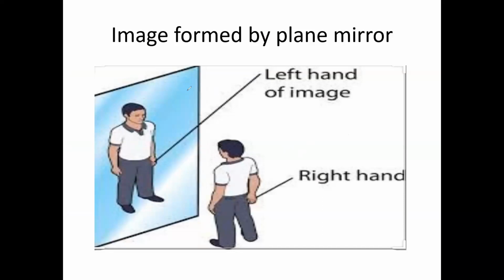So when you look into a plane mirror, what will you see? You will see yourself in front of the mirror. But what are the characteristics of the image? Like this is an object, a person is there, and what we see in the mirror is known as our image. So what are the properties of this image which is formed when we see ourselves in front of the mirror?